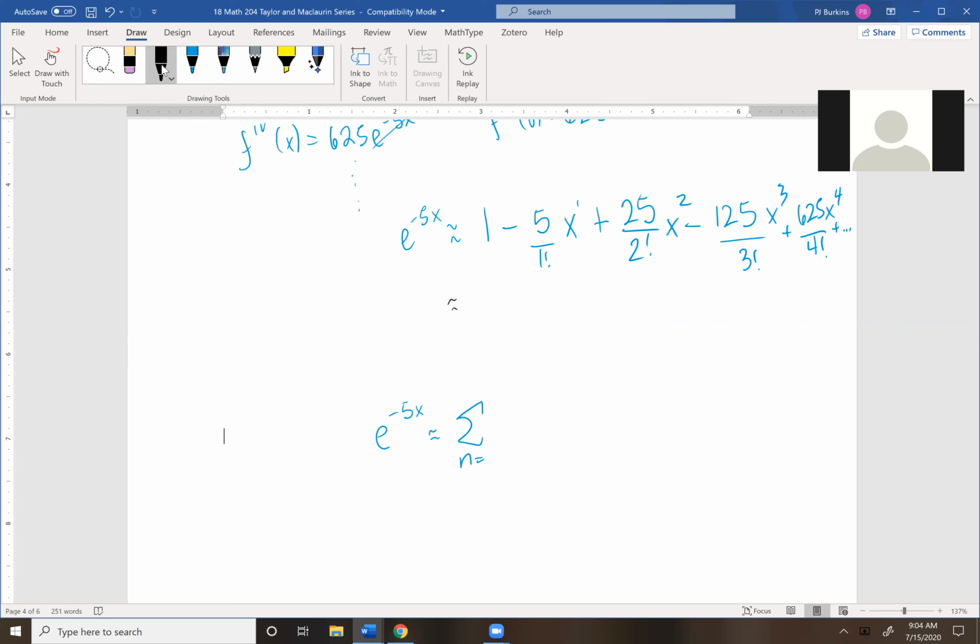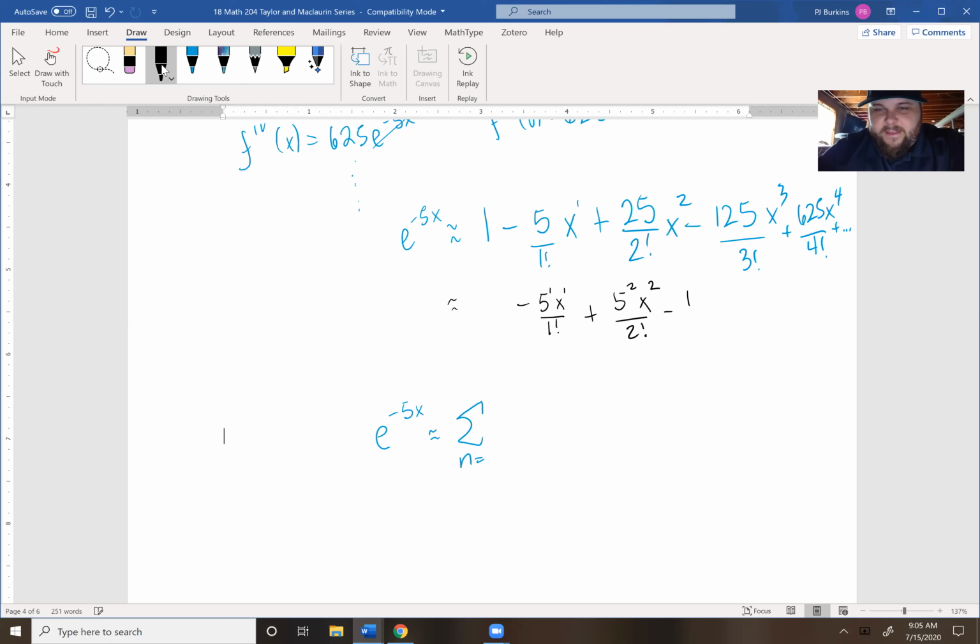All right, so it looks like this is 5 to the first, x to the first over 1 factorial. 25 is 5 squared. Then we have x squared over 2 factorial. Now, are you starting to see the pattern? So you're on the right track.